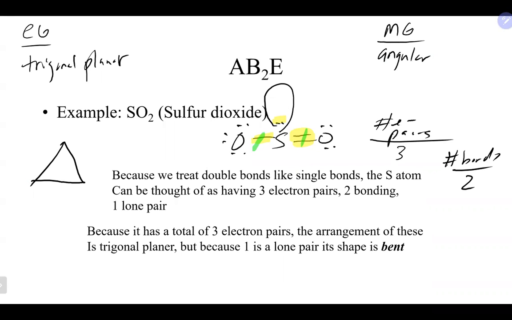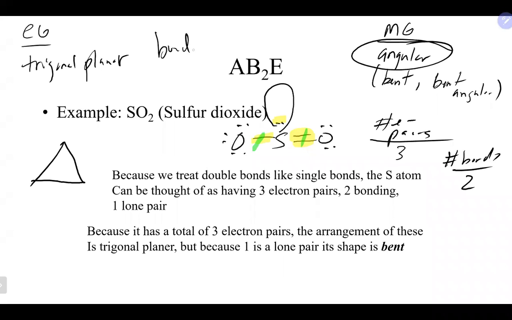Now, some people call it angular. Some people call this one straight up bent. Some people call this bent angular. We are going to, for lecture here, use angular for this arrangement of 3 electron pairs and 2 bonds. And that is because the bond angle here is less than 120 degrees.